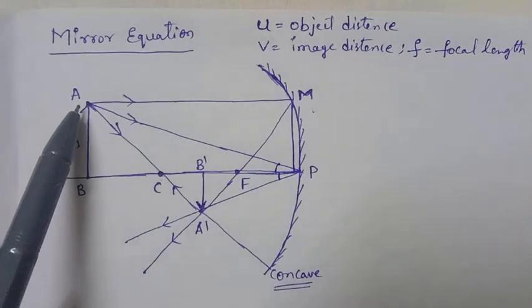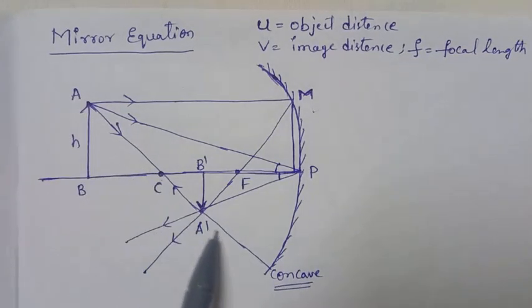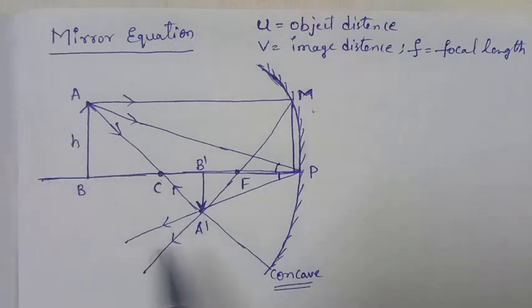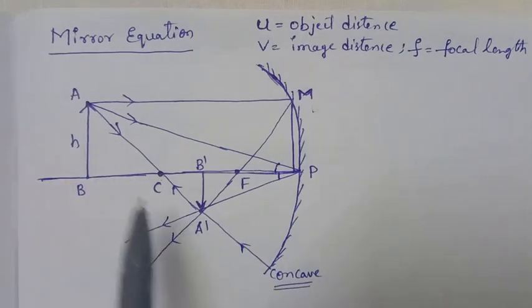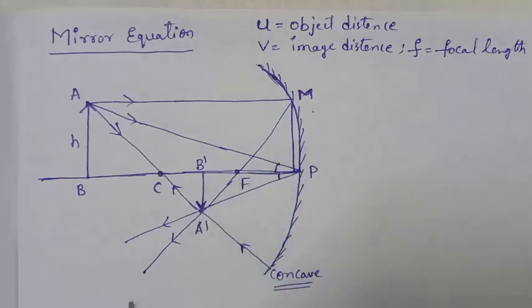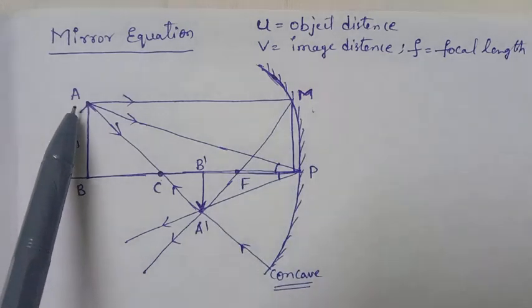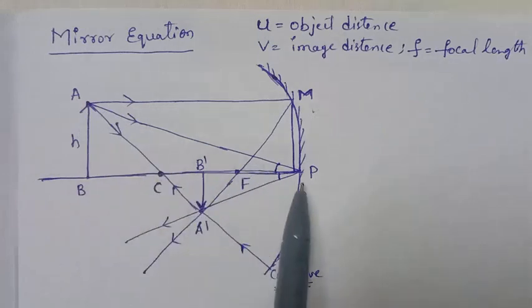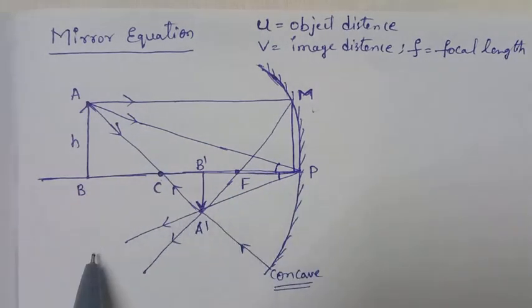The third ray passes through the center of curvature and is reflected back through the center of curvature. You have to consider these three rays.